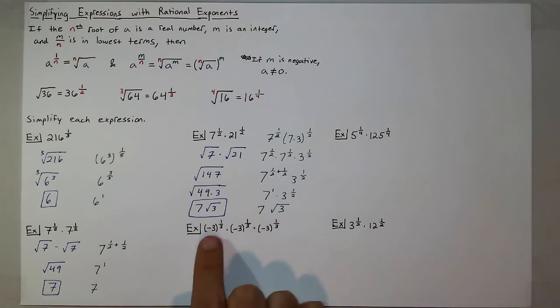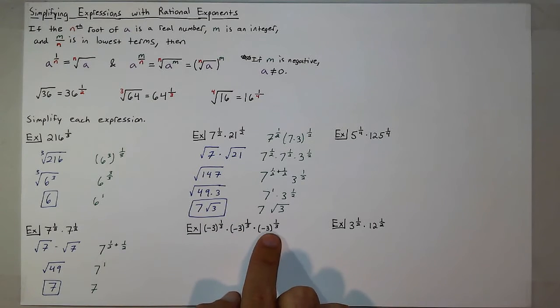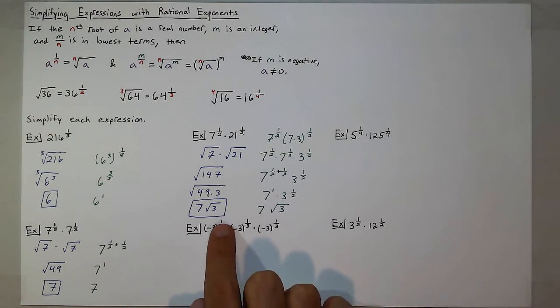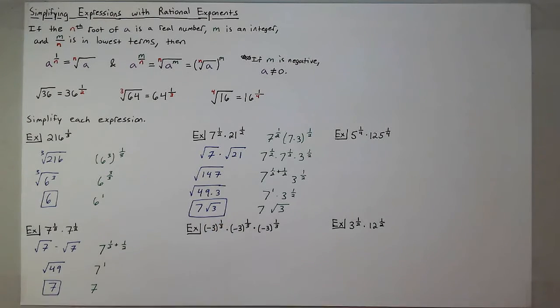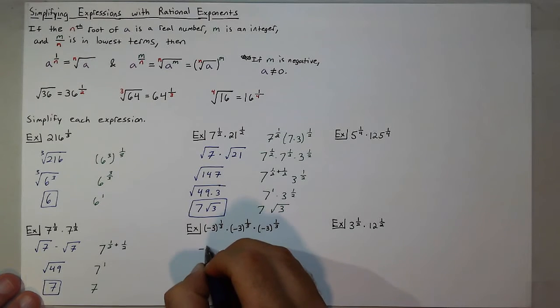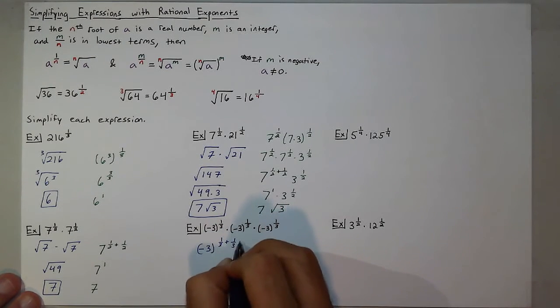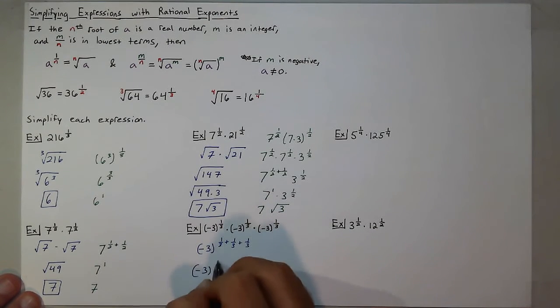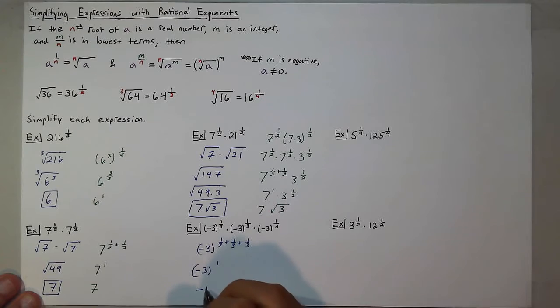Now here I have 3 terms being multiplied, but all the bases are -3. So this is -3 to the 1/3 times -3 to the 1/3 times -3 to the 1/3, which I can rewrite as -3 to the 1/3 plus 1/3 plus 1/3, which gives me -3 to the 1st power, which is just -3.